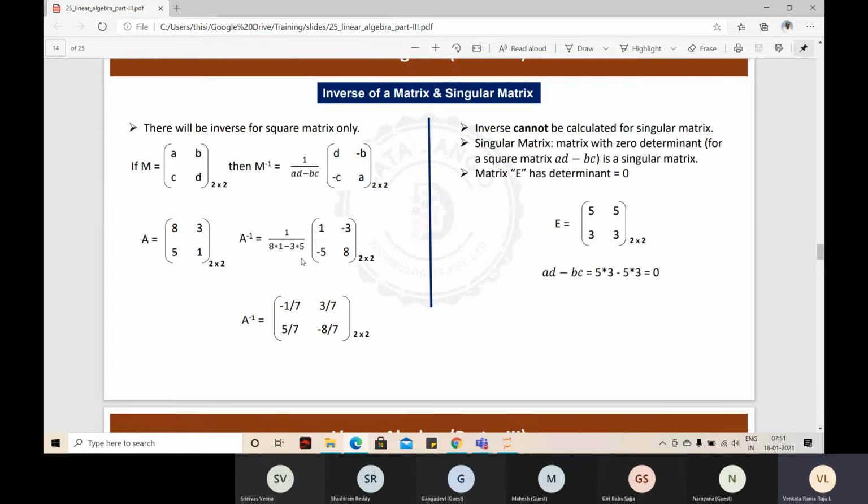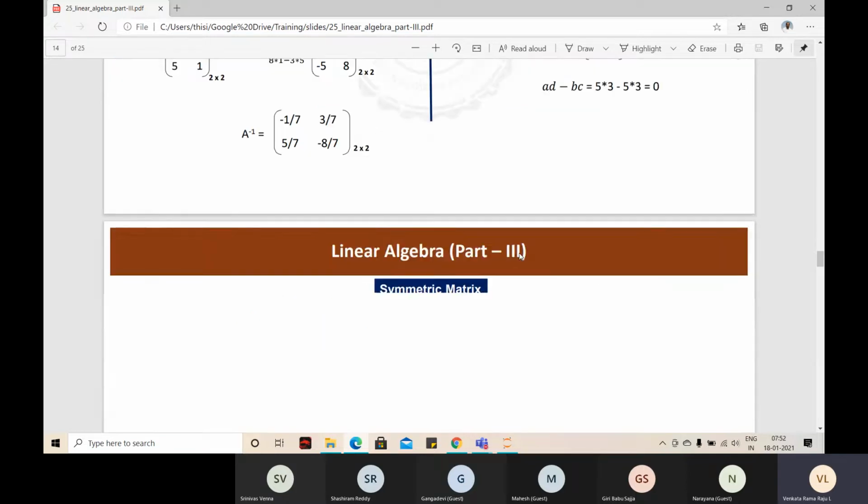So we need to understand what is inverse, and this AD minus BC is called the determinant. For a matrix, if AD minus BC is 0, then you cannot calculate inverse. That is called a singular matrix. So example is this matrix. See, AD minus BC is 0. A divide by 0 error will come when you try to calculate the inverse of this matrix. That is called a singular matrix.